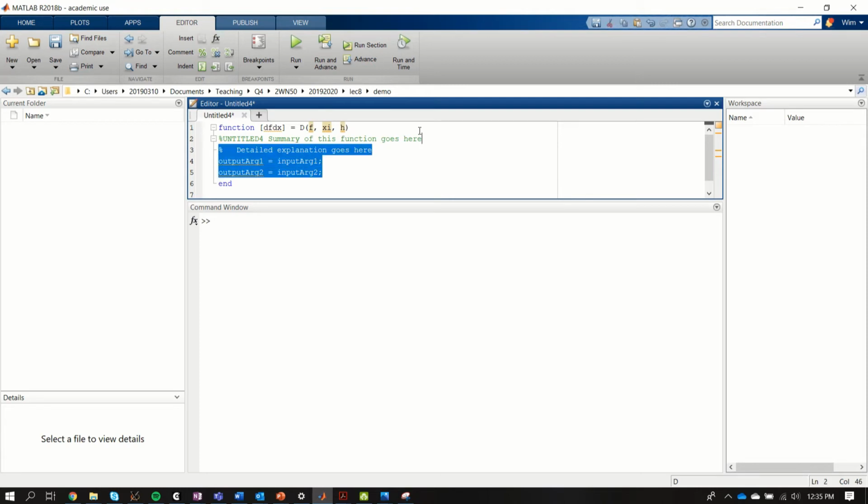The body of this function will be f evaluated at xi plus h minus f evaluated at xi, divided by h. And that's simply a forward finite difference approximation of the derivative at the point xi.